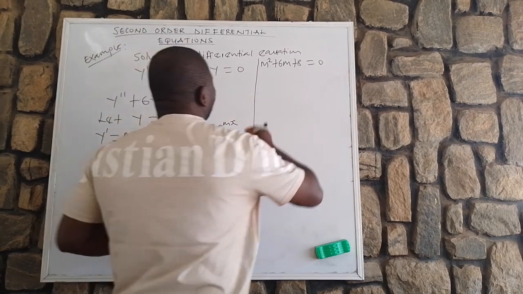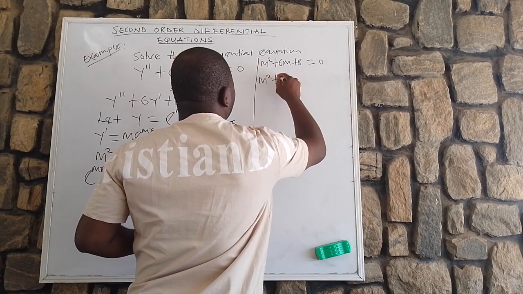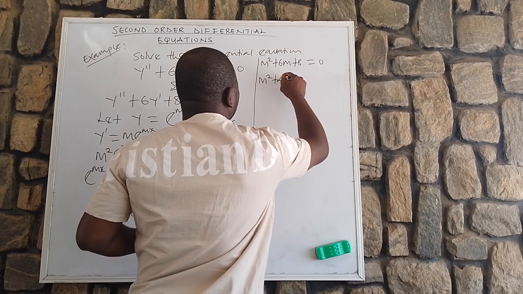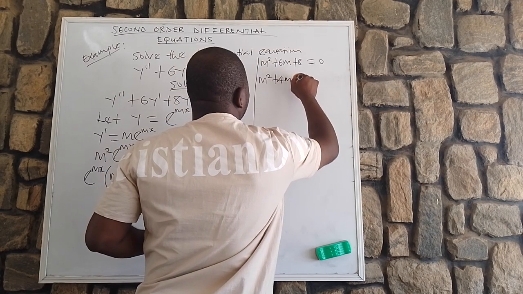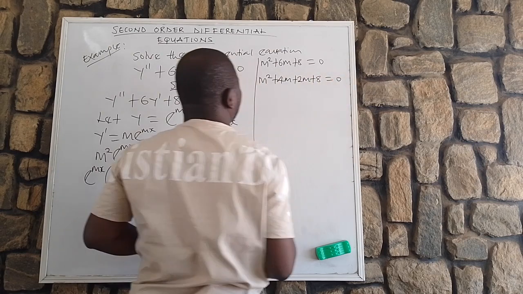So for that reason, this equation will now become m squared plus 4m plus 2m plus 8 equals 0.